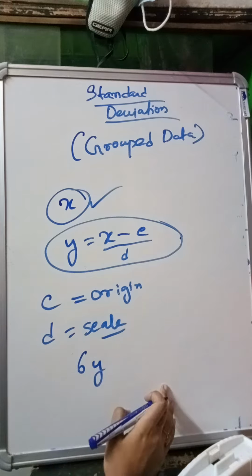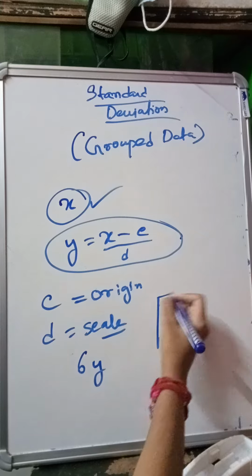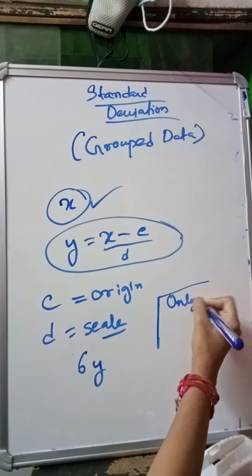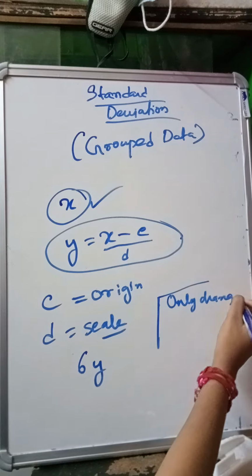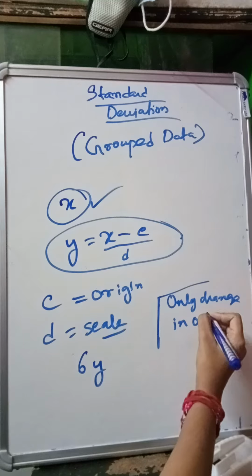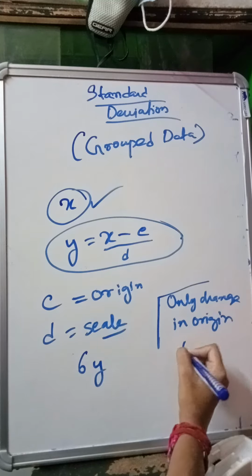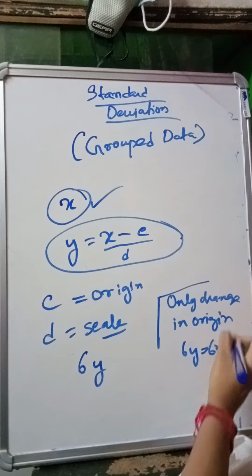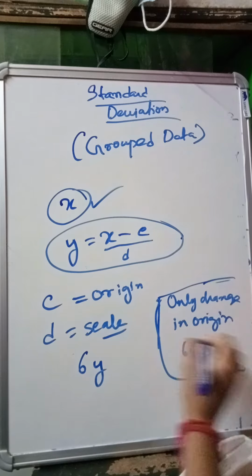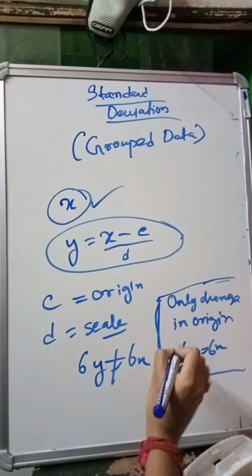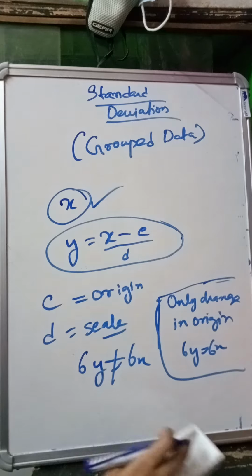Previously, when there was only a change in origin, sigma y was equal to sigma x, but here both are changing, so sigma y is not equal to sigma x, and we have to make it equal.